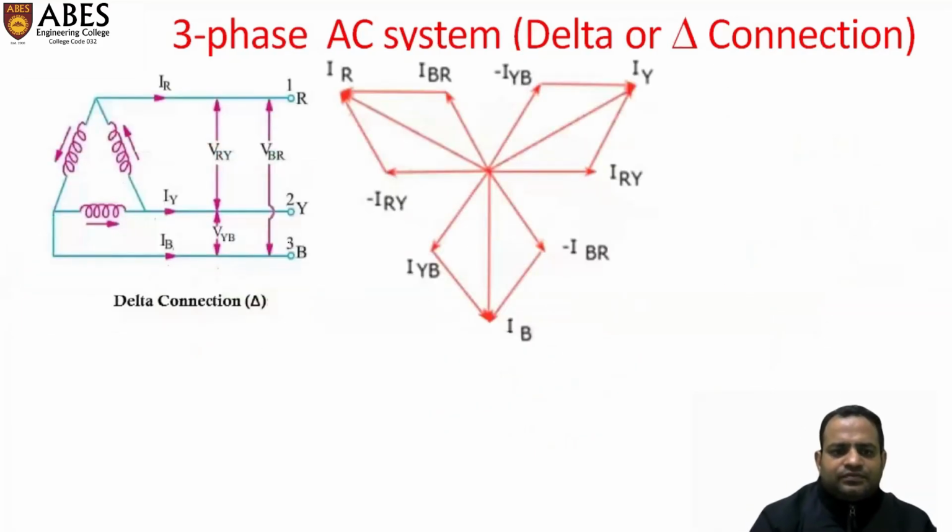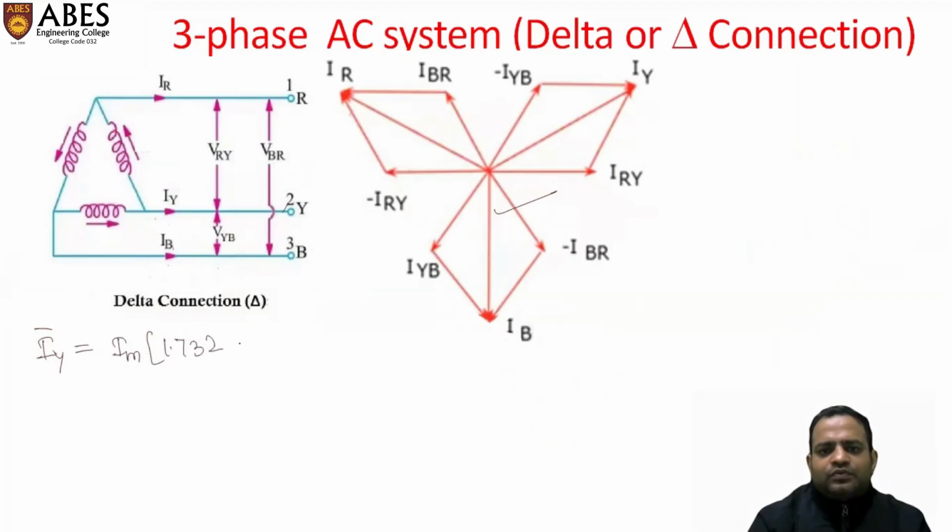First, IY, that is IM 1.732 at an angle 30 degree.